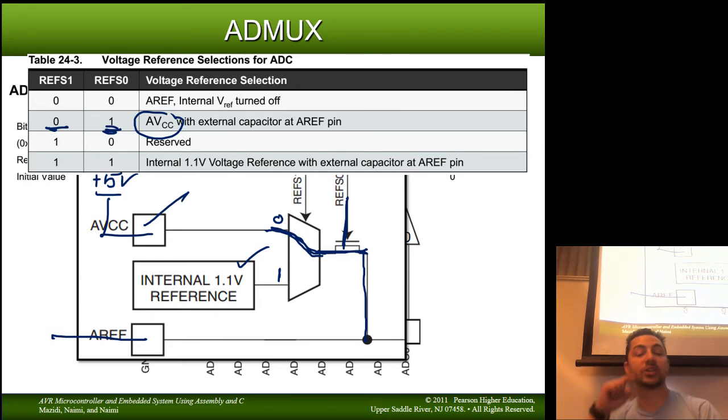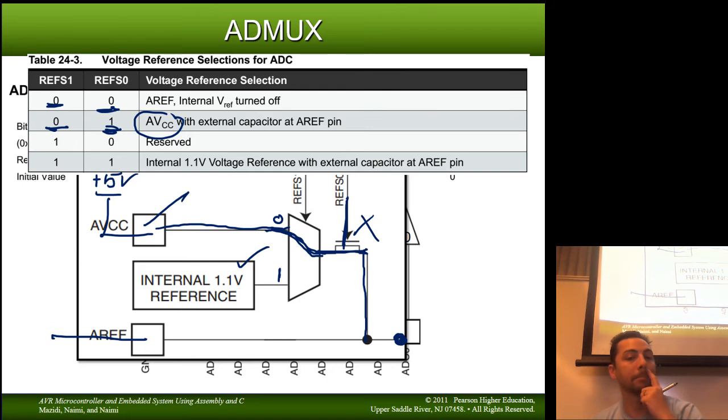You can see actually how all of these work. If we turn off the MOSFET and we set this to 0, what does that mean? Well, AVCC is chosen, but it's not sent through the MOSFET. So the only path in here is through AREF. If we choose 1, 1, that's going to pass the internal reference through and turn on the MOSFET.